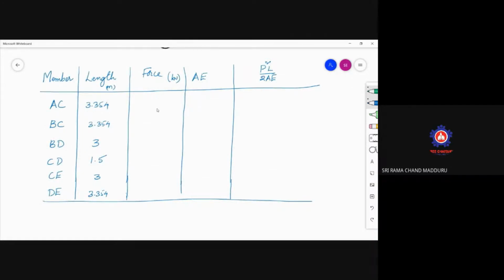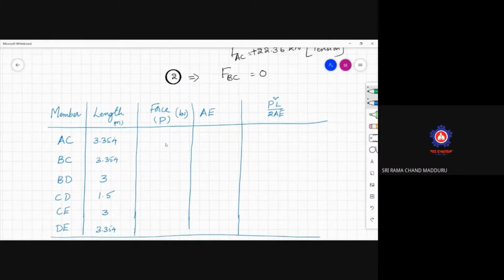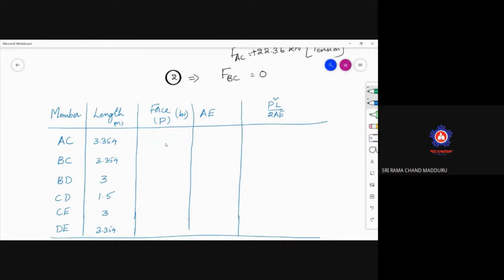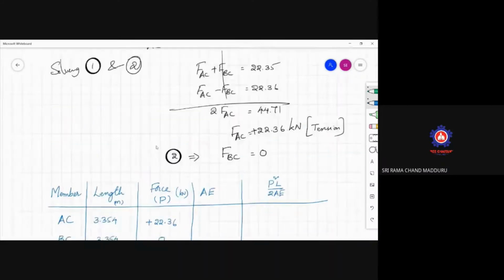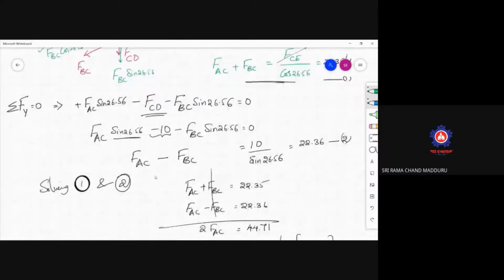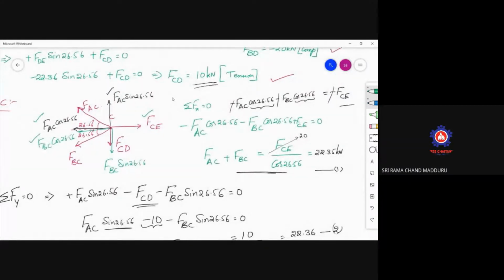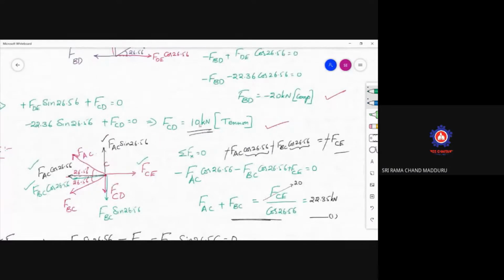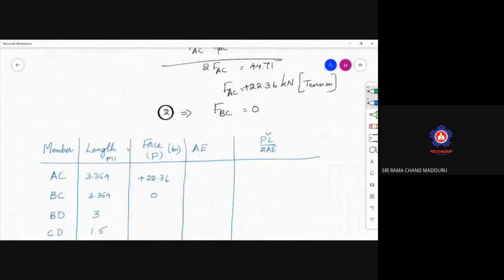Now coming to the force. Yes, we calculated it just now. I will represent this as capital P, and if this is positive, mention it as positive for tension force. And we will enter the values. AC plus 22.36, BC 0, BD minus 20, CD is 10, so minus 20, 10.